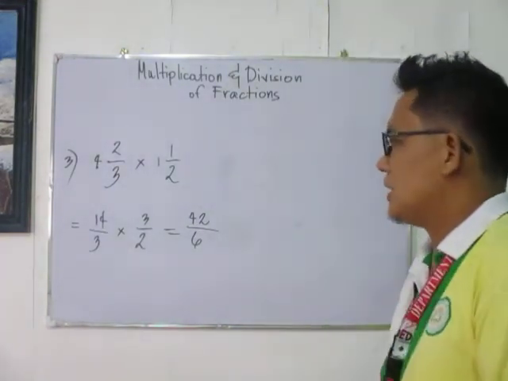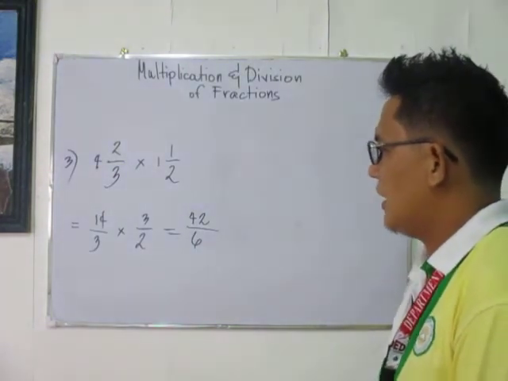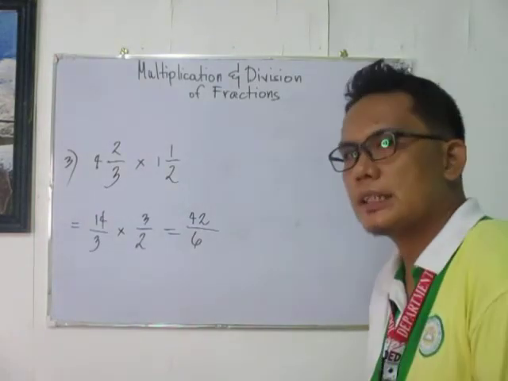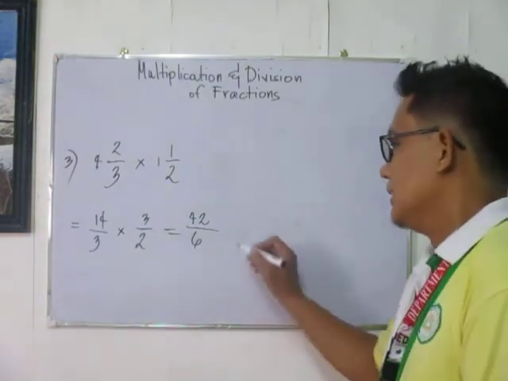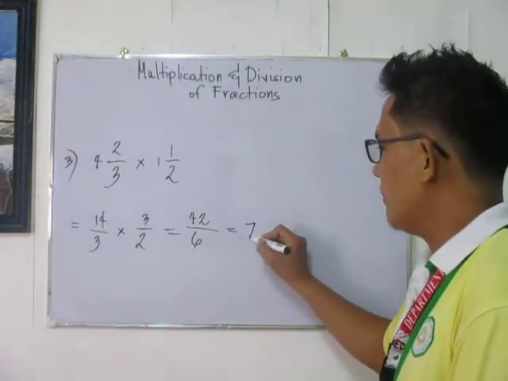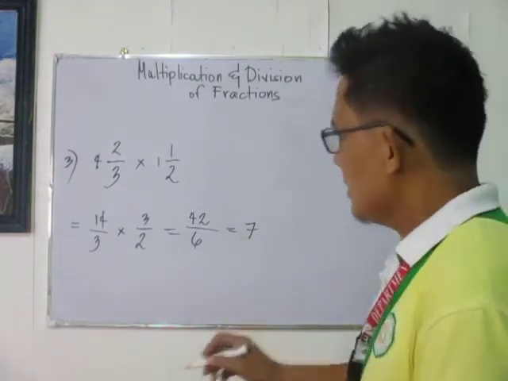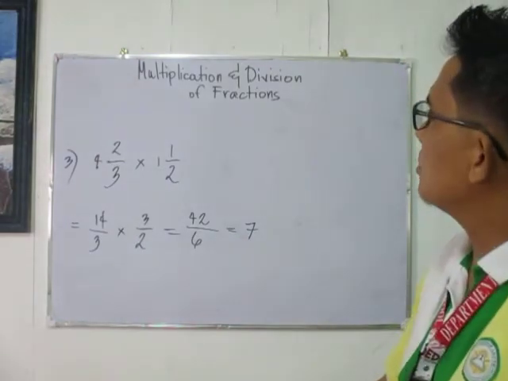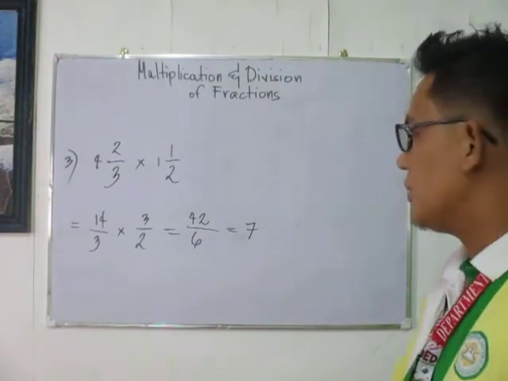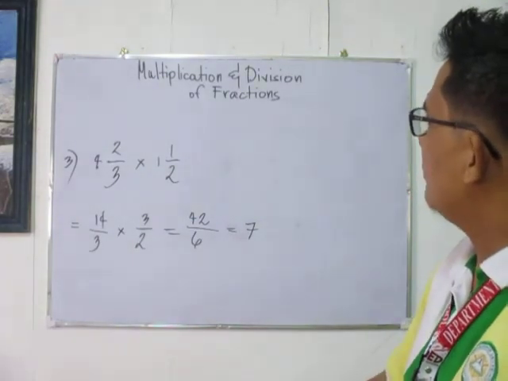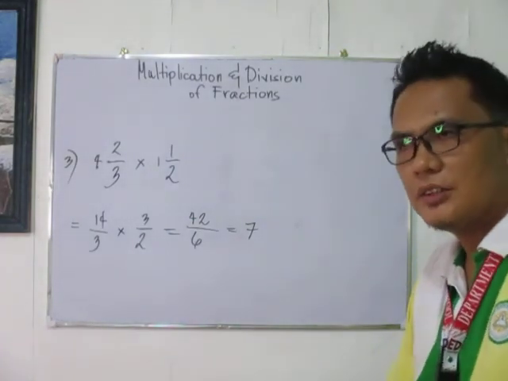The question is, is 42 divisible by 6? Yes, so therefore the simplified answer is 7. So there you go, that is how we're going to multiply our fractions. Next video we'll have division of fractions.